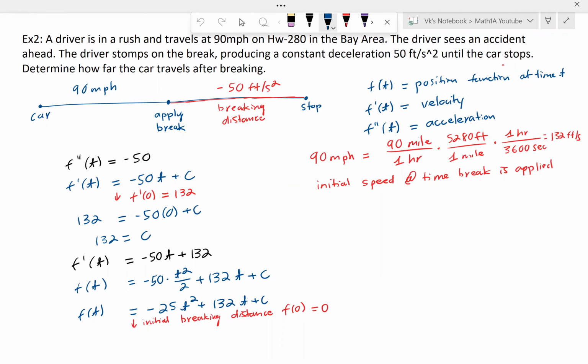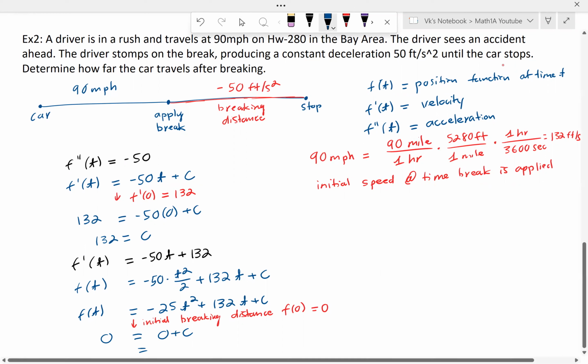To solve for c, we use the initial braking distance, which is 0. So f of 0 is equal to 0. 0 is equal to 0 plus c, so that means c is 0.